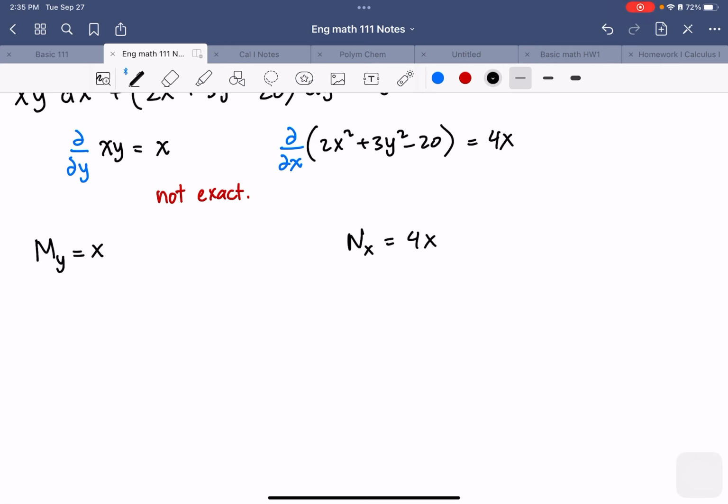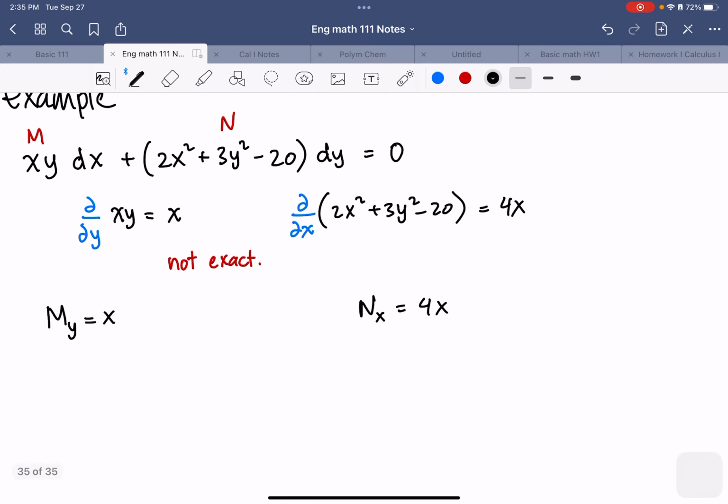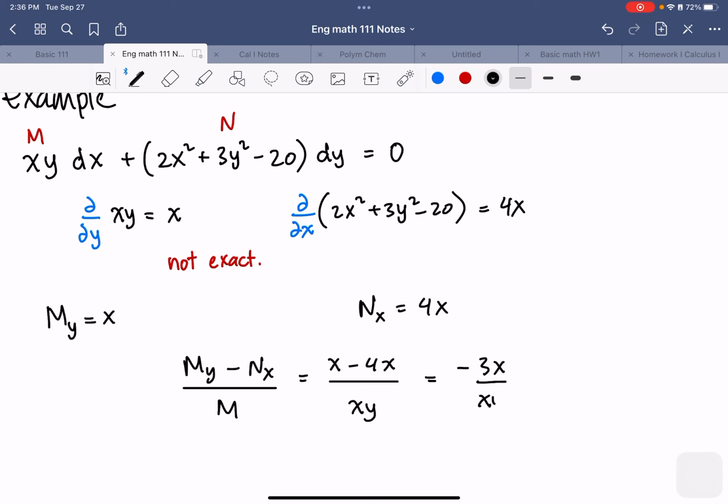We have m is xy and n is that equation. So probably the best way to choose is m. So let's make this my minus nx divided by m, so that we have x minus 4x divided by xy. And the result is negative 3x over xy, or negative 3 over y.